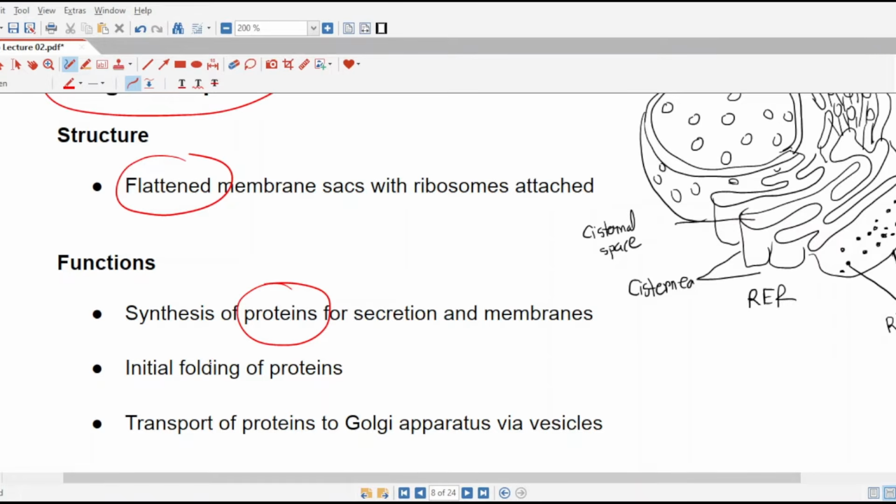And it will do the initial folding of protein. Why is the folding required? Because if the proteins are not folded, then the proteins are not functional. So the initial folding will be performed by rough endoplasmic reticulum. And after that, finally, the proteins made by rough endoplasmic reticulum will be transported to the Golgi apparatus via vesicles.